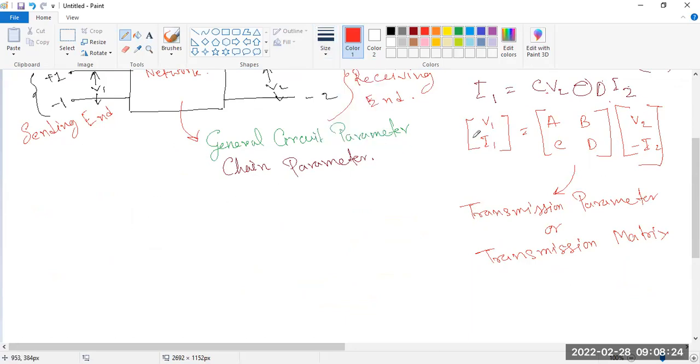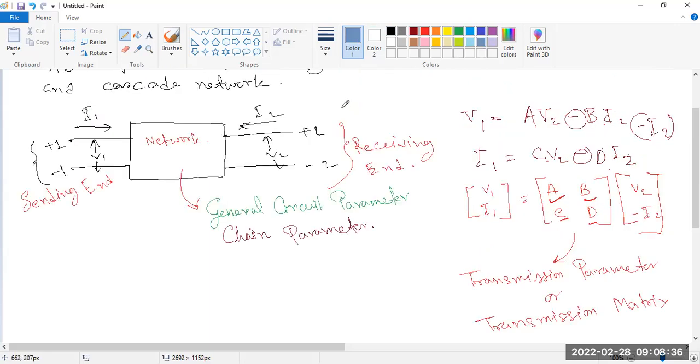Now we have to find out A, B, C, D. Look, when the output port, or the receiving port, the +2 -2 port, is open, then I2 is 0.